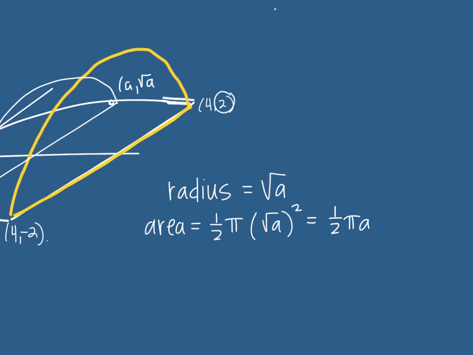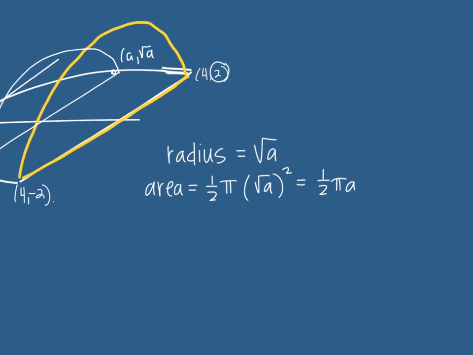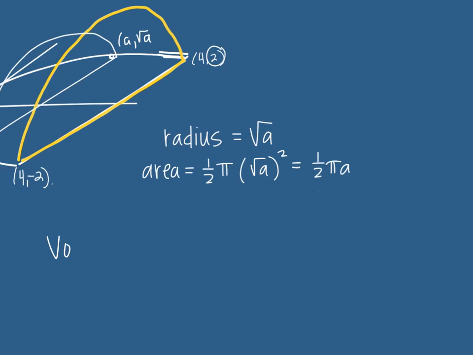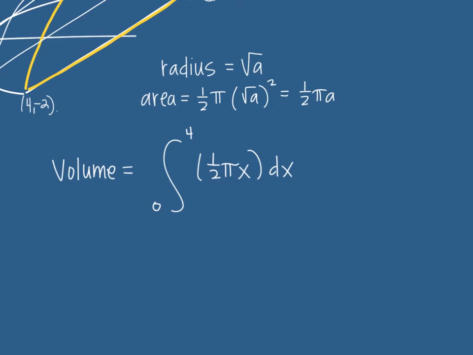It will work for the yellow one on the edge, but it'll also work for any other semicircle. Okay, so then once you have that, you can set up the volume. So the volume will be the integral of 1/2 pi for any x along the x-axis, going from the bounds of 0 to 4. And then you take the antiderivative of that.